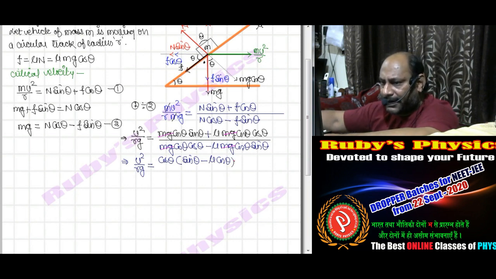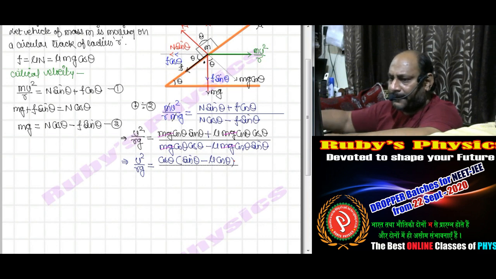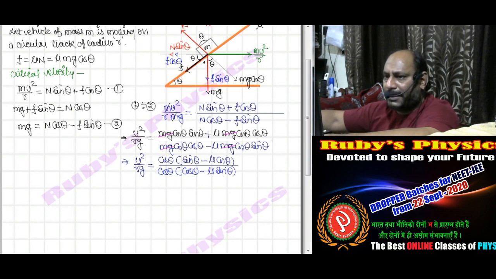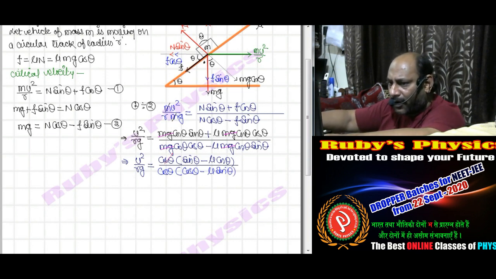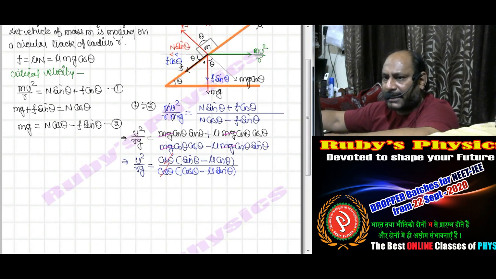And in the denominator, if I take cos theta common, you get cos theta, in bracket it is cos theta minus mu into sin theta. Simply see, again cos theta and cos theta are cancelled.